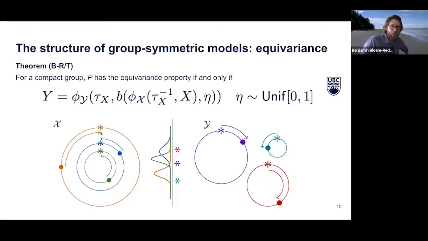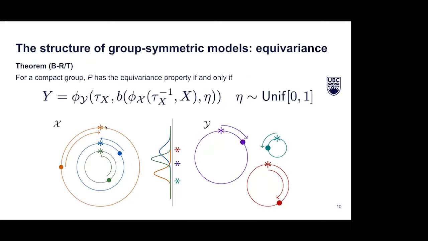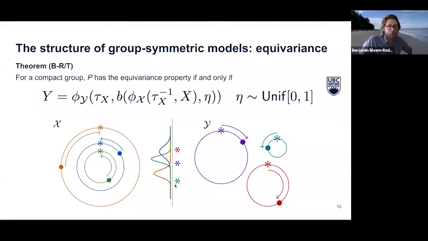So the idea here is that this is sort of a cartoon of my set of orbit representatives. That's the vertical line. And the idea is that each orbit representative induces a distribution on the orbit representatives of y. So these are, say, probability densities on orbit representatives of y.